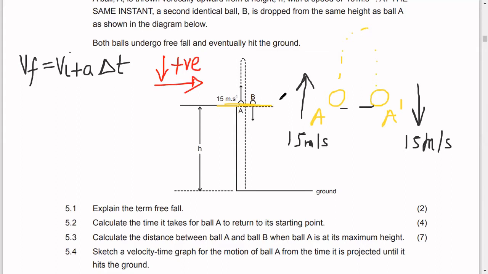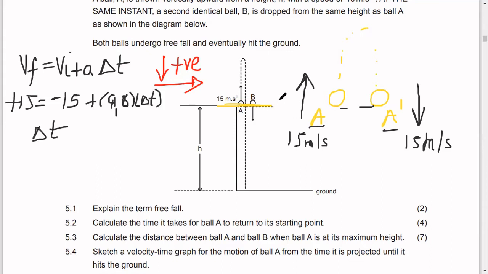Looking at motion A to A prime, my V final is positive 15, whilst my V initial is negative 15, plus 9.8 by delta T, which is what I'm looking for.